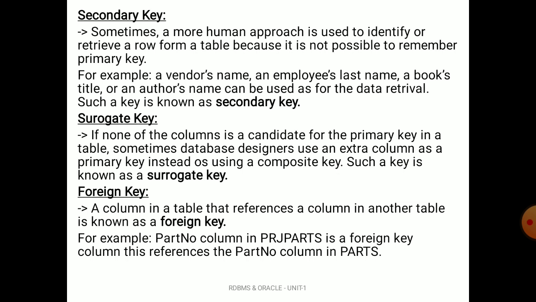For example, the part number column in PRJ parts is a foreign key column. This references the part number column in parts. Already we know the 6 tables in the previous slides. The PRJ parts table and parts table have the part number as a reference key to one another.